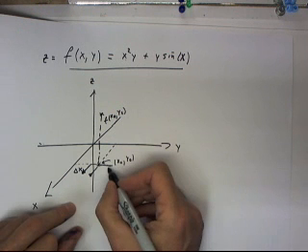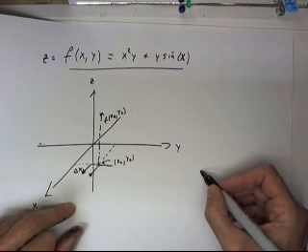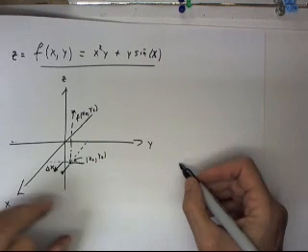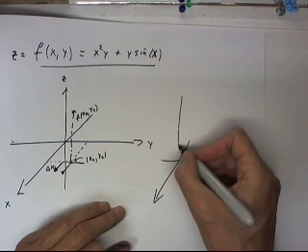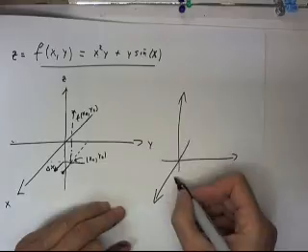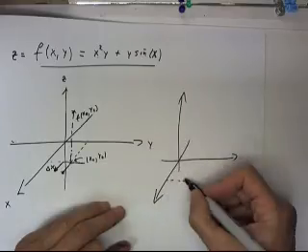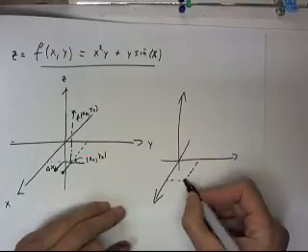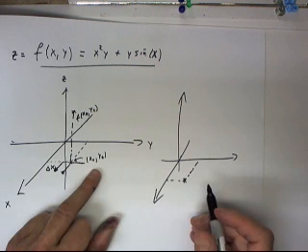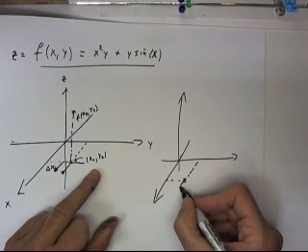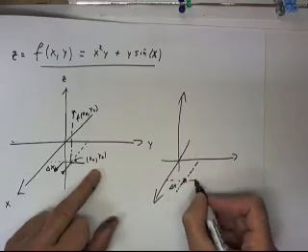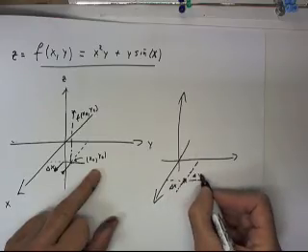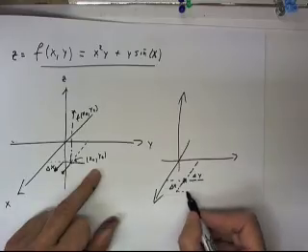Now the labeling is getting a little confusing, so let's isolate that picture over here. In the xy plane, we have a point, x naught, y naught, and we have some delta x here and some delta y here.